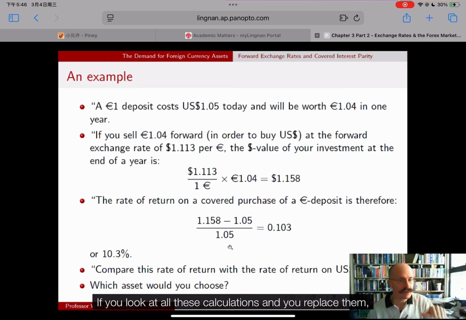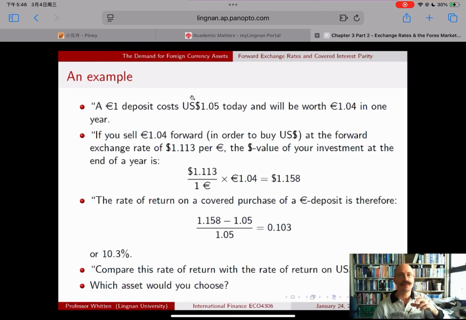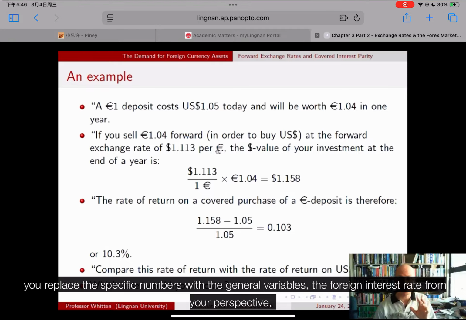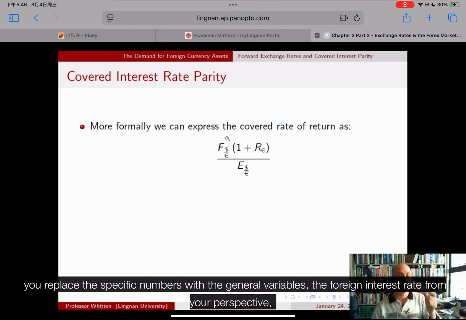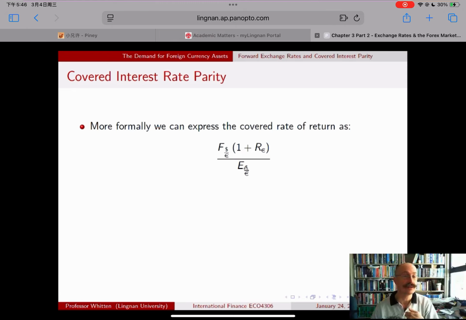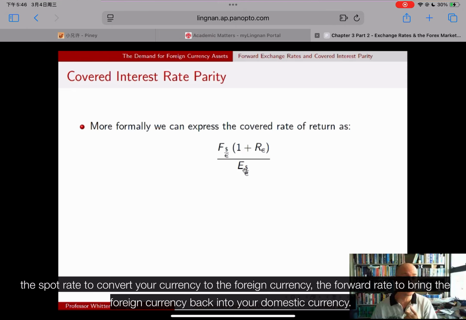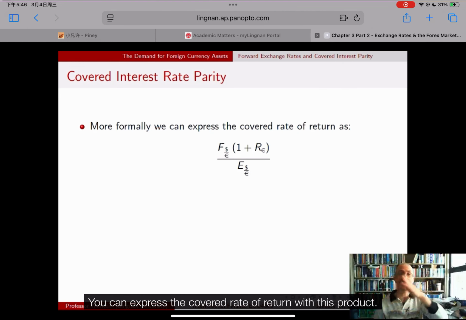If you look at all these calculations and you replace the specific numbers with the general variables, the foreign interest rate from your perspective, the spot rate to convert your currency to the foreign currency, the forward rate to bring the foreign currency back into your domestic currency, you can express the covered rate of return with this product.